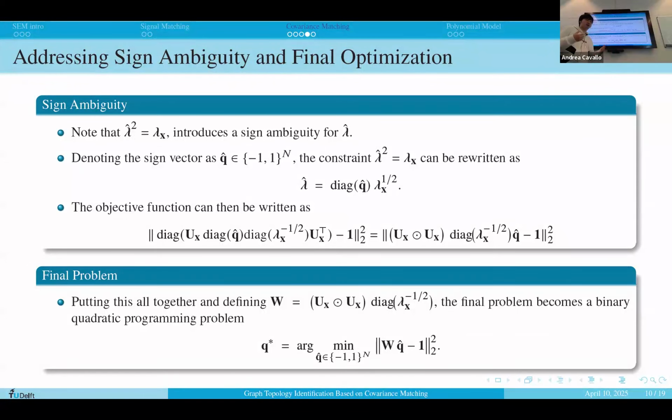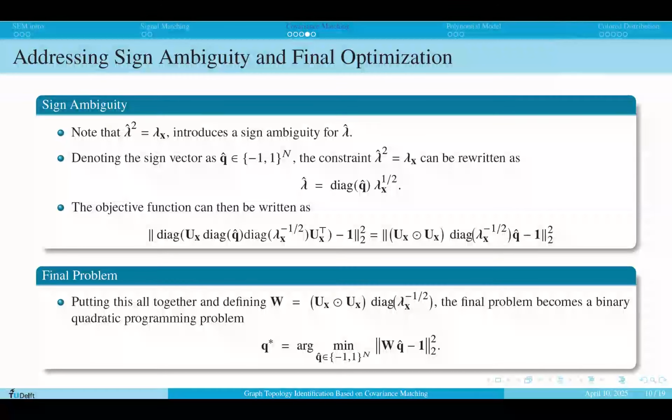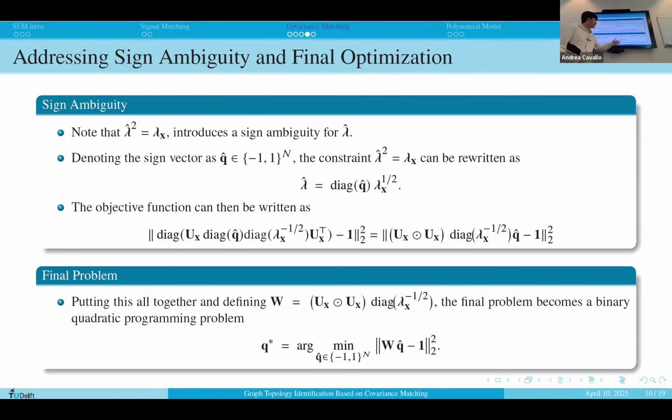You can do some search-based method or we can relax it. We don't estimate q, we estimate the capital Q, which is q q transpose, and we relax the rank constraint, of course rank Q equal to 1, and we can solve for Q.